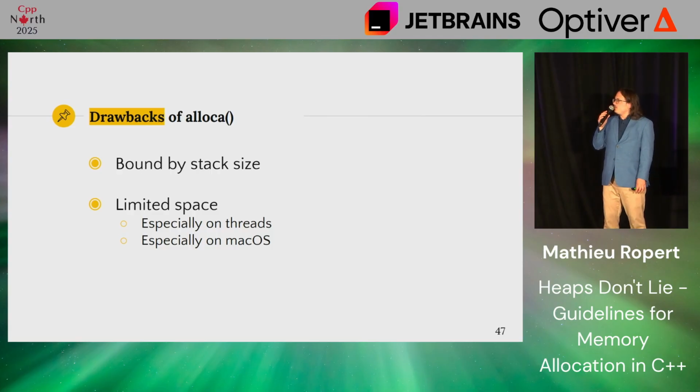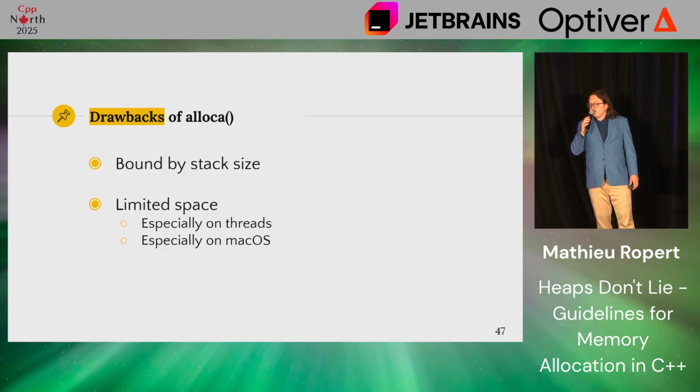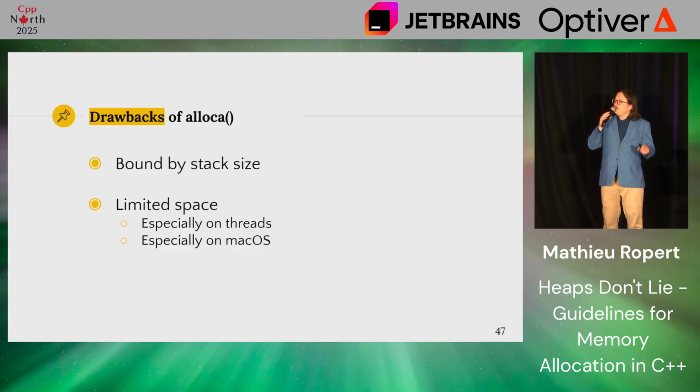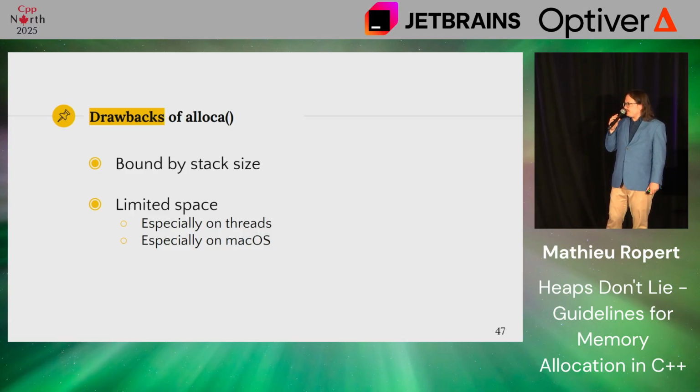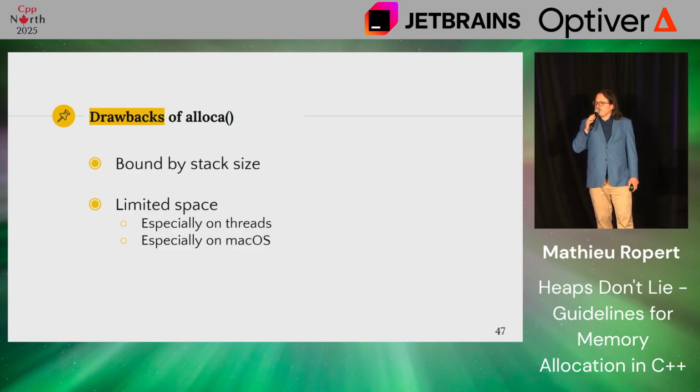If you didn't know, on Windows it's not an issue, but on Mac, non-main threads have a way smaller stack size by default. That is kind of painful to change, and that will bite you if you start throwing jobs on a secondary thread that happen to use alloca.